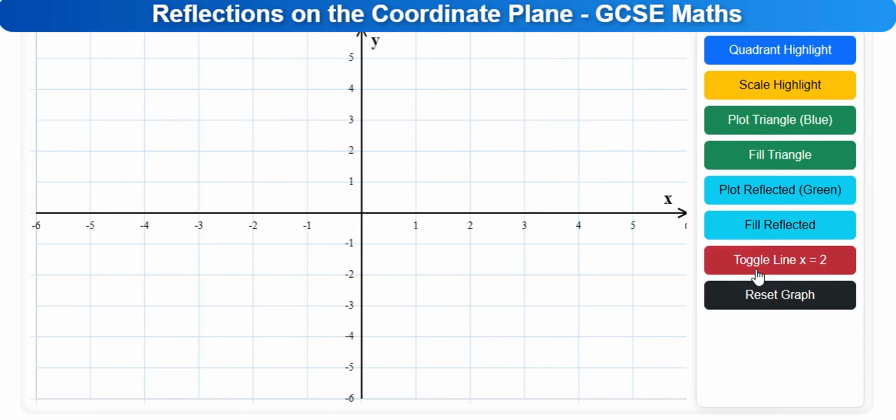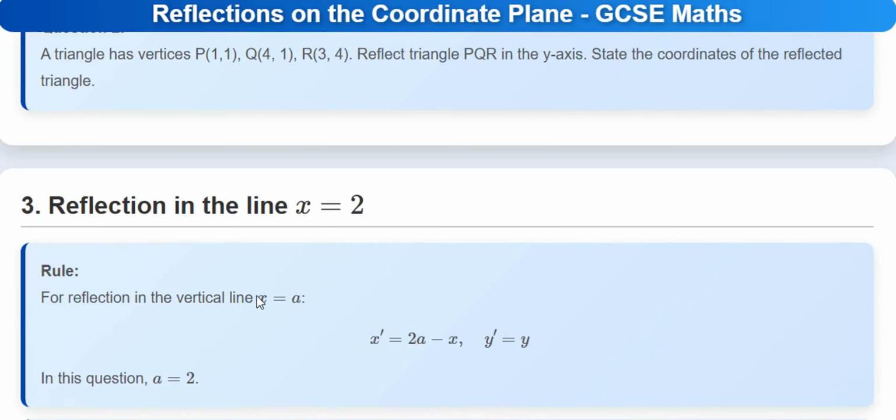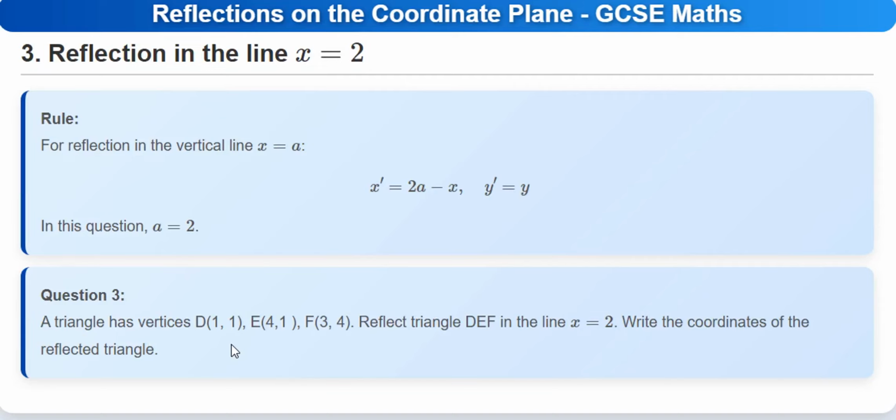So if I plot it like this, as you can see, this is the line that cuts the x-axis at point 2. That becomes our mirror line. The second step, of course, is to plot the original triangle, which we have as (1, 1), (4, 1), and (3, 4).